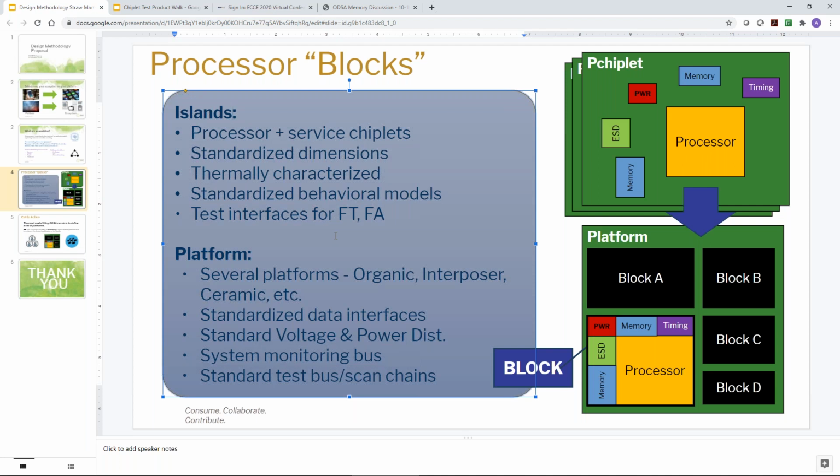So Ali, if we take a real-life example, let's say the AMD EPYC processor, what would you define that as based on this nomenclature? That's a good question. Basically there's one interface die, and then there's a bunch of multi-core chiplets around it, and everything else is carried off die.